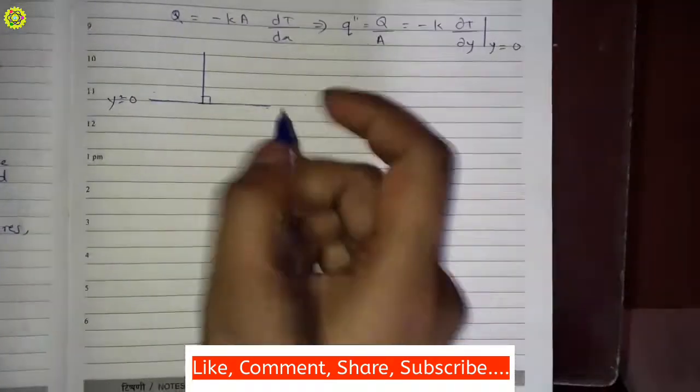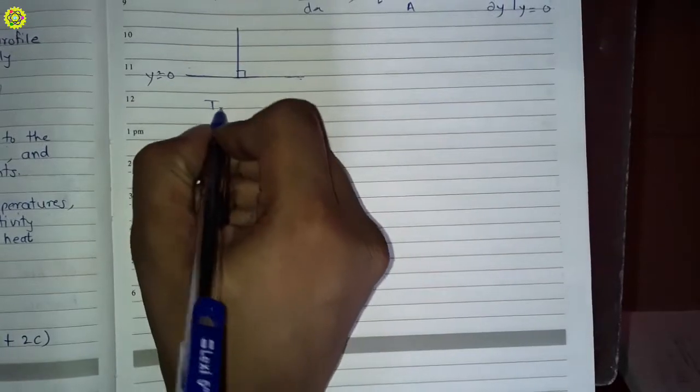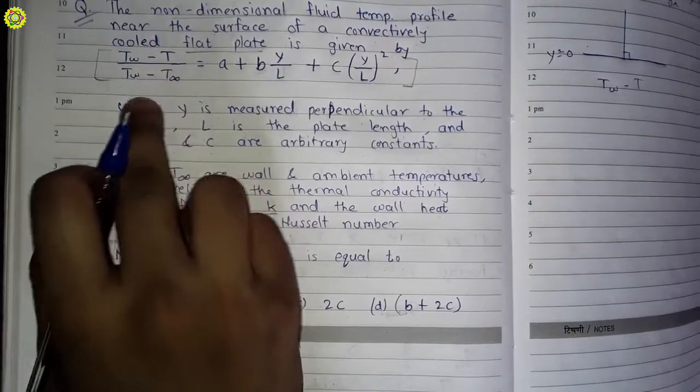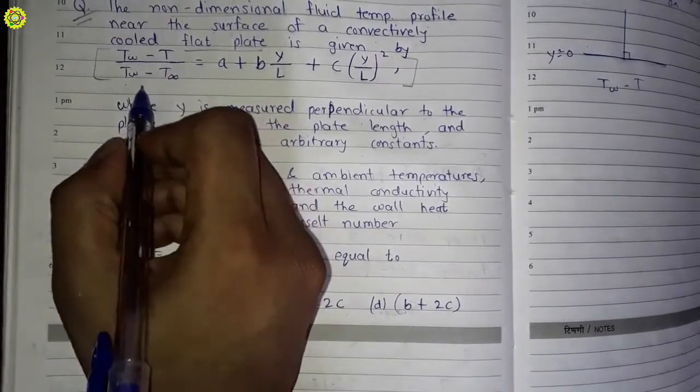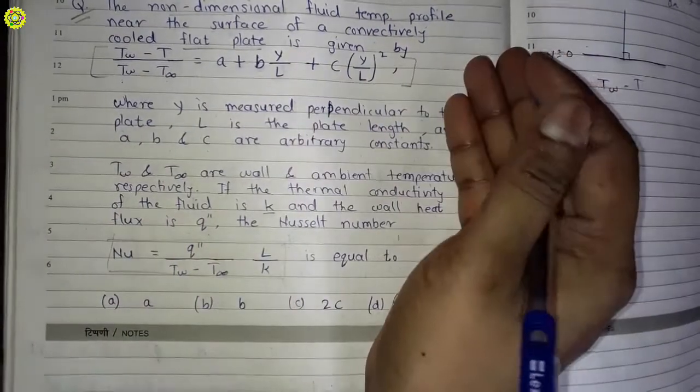Now we will take this equation. Here Tw minus T, we will take Tw minus T infinity to the right hand side.